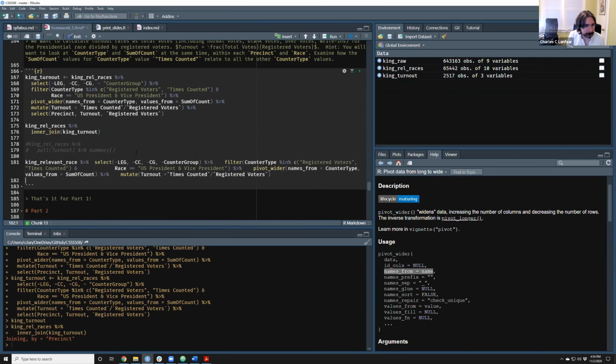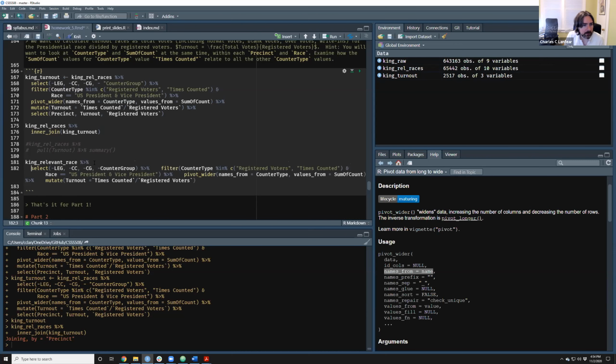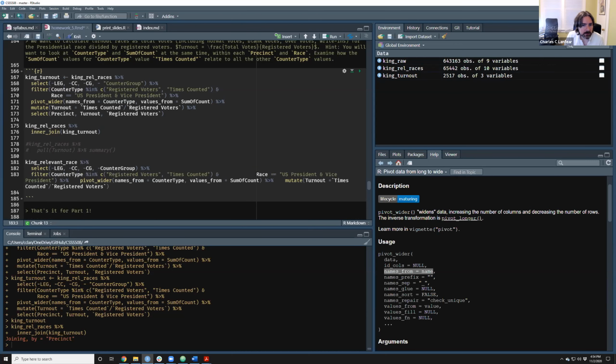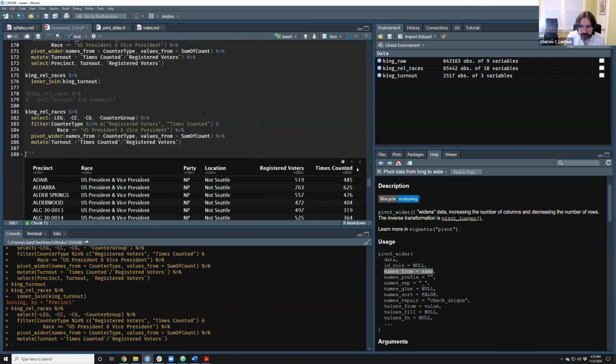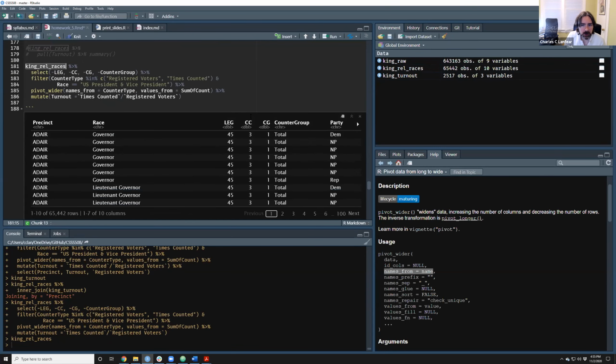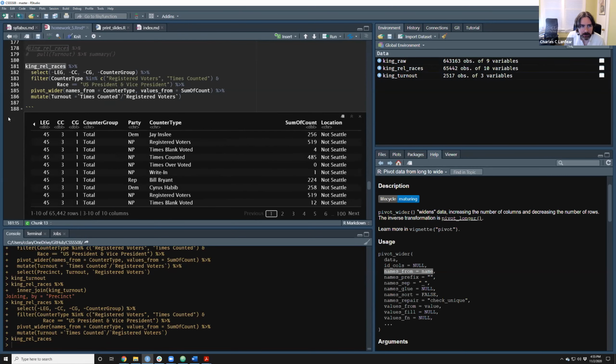Let's see what you got. Okay, so king relevant race. So I'm going to use my object here. King rel race. That looks good. That looks fine. Does this run? That runs perfectly for me. So most likely what the issue is, check your king relevant races and make sure it has these same columns that look like this.